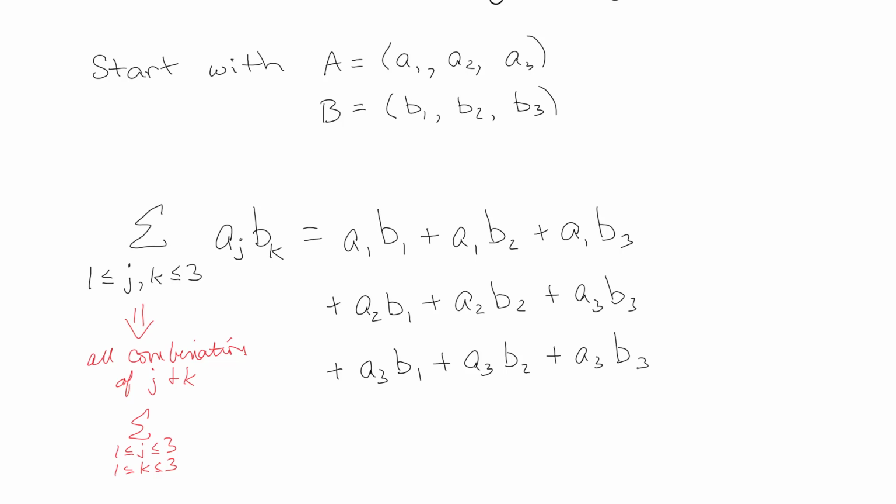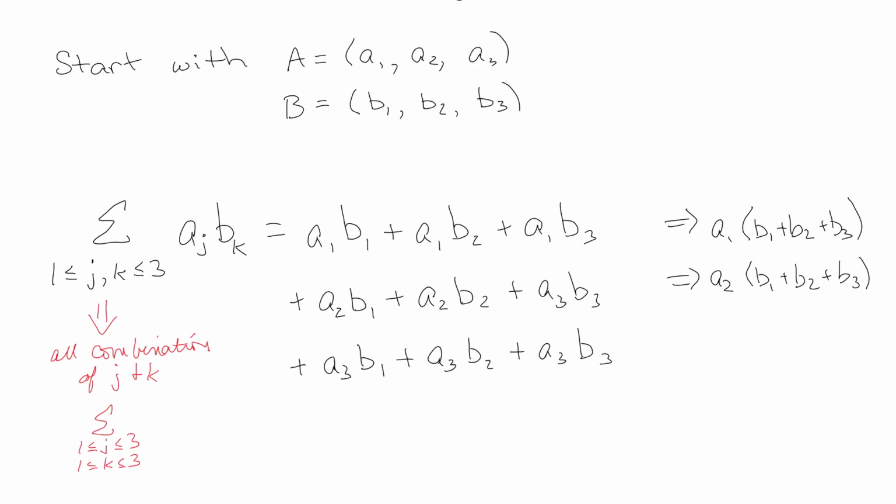Now what's kind of funny is if you look at each one of these sections, I could rewrite this top one by factoring out an A1, and then it'd be B1 plus B2 plus B3. And if I factored out over here, it'd be A2 times B1 plus B2 plus B3.